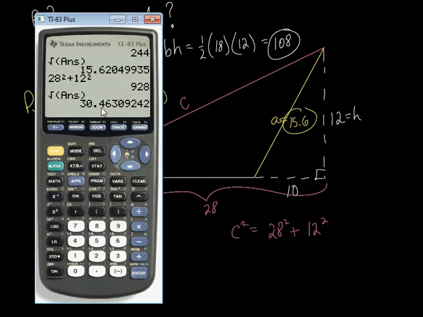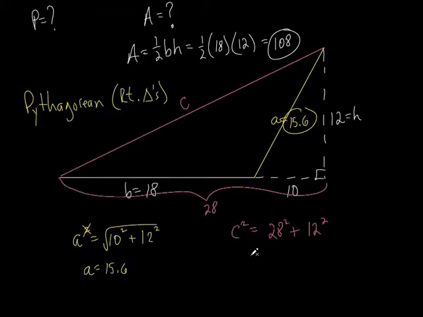What would that round to? 0.46. So what's the 6 do? 6 rounds the 4 up to a 5, so 30.5. Okay, so we'll say C equals 30.5. All right, and that's what that is right there.